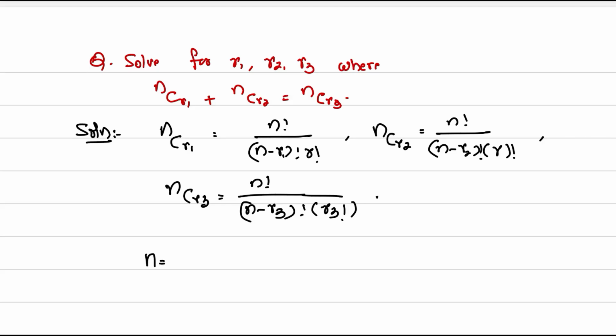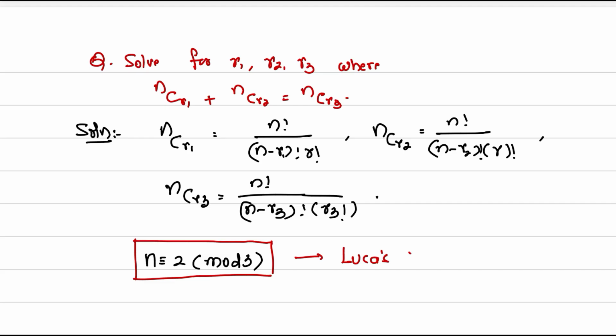n is equivalent to 2 mod 3. For small values of n, if you apply n equivalent to 2 mod 3, then we will be able to get the solution.